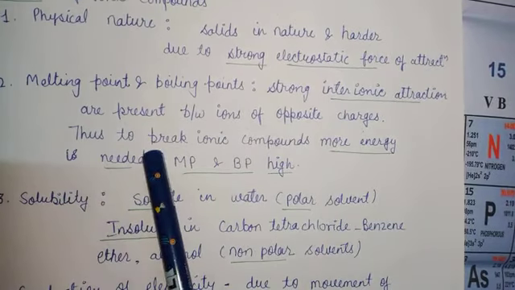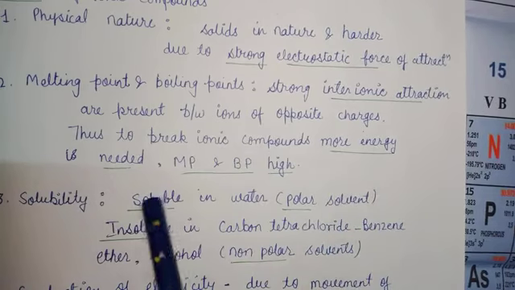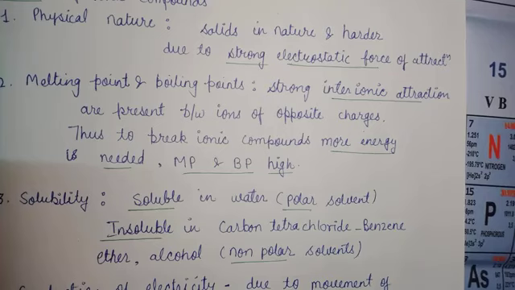Thus, breaking ionic compounds needs more energy, so that's why the boiling points are high. Generally we see that metals have high boiling points, but ionic compounds also have very high melting and boiling points.